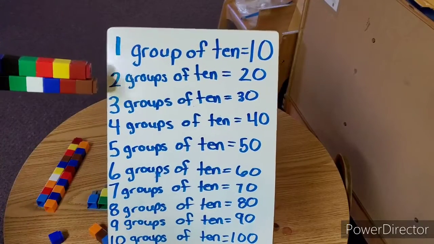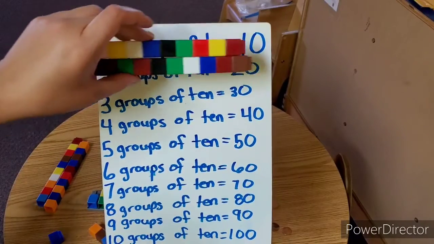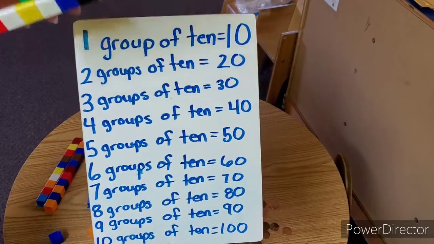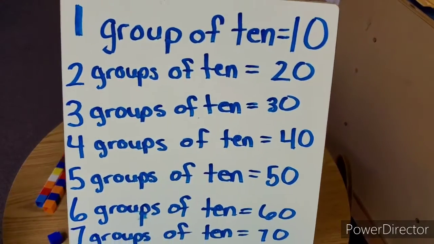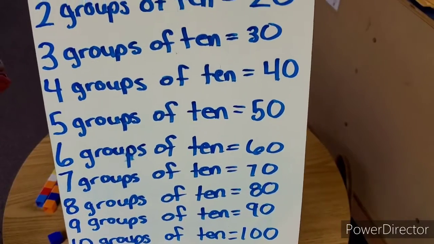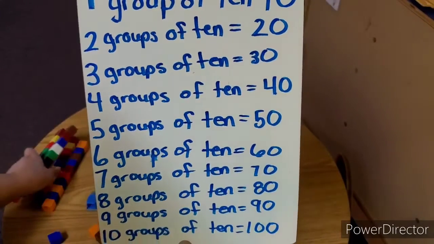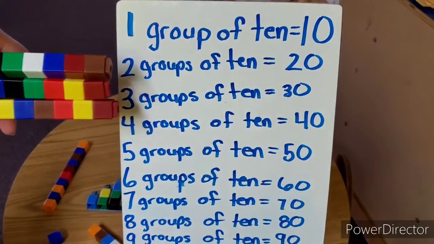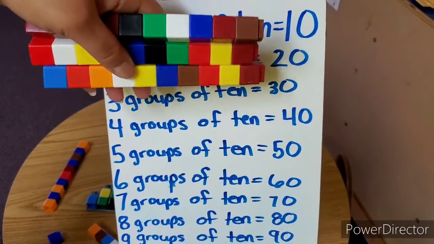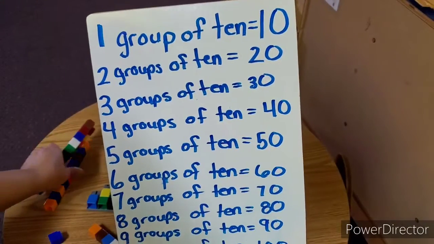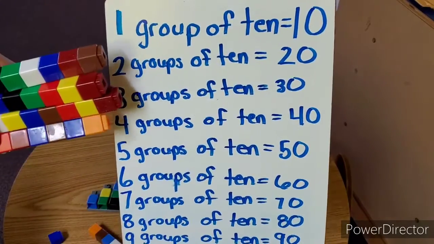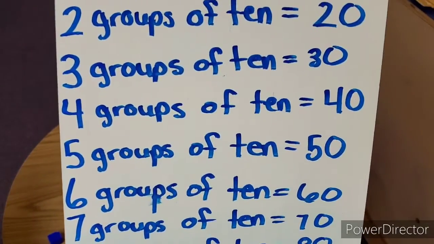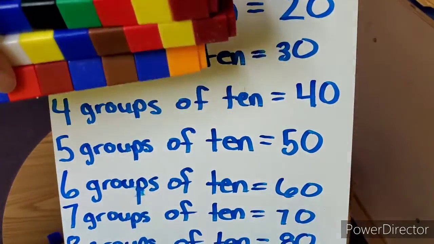If I have two groups of 10, that equals 20. If I have 3 groups of 10, then I have 30. If I have 4 groups of 10, then I have 40.